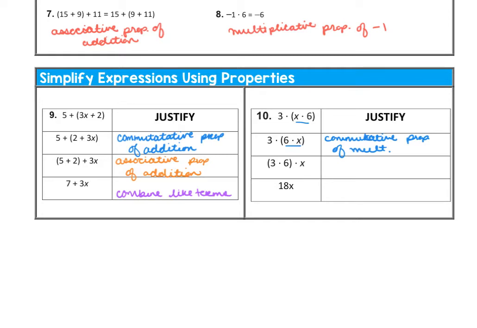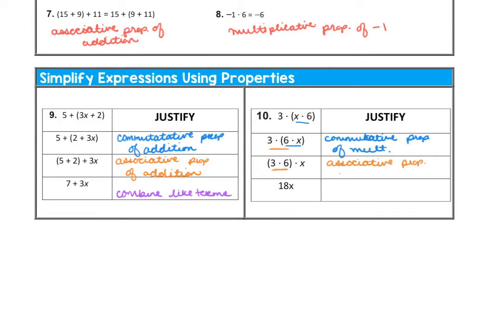Now to get from lines 2 to line 3, we need to look at what changed. So in line 2, the parentheses were around 6 times x, but now the parentheses are around 3 times 6. So when we move our grouping or change where the parentheses are in an expression, that is the associative property.